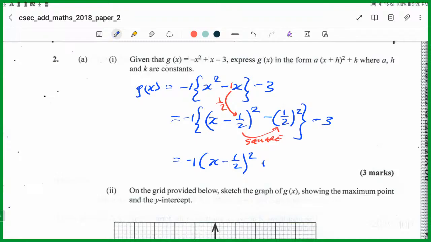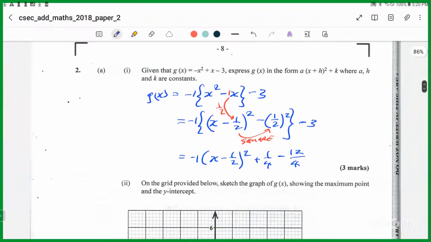So we get plus 1 over 4. And you're subtracting this 3. Now this 3 is the same as 12 over 4. Why am I putting over 4? Because this one is a fraction with 4 in the denominator. So I'm going to put that as 12 over 4, minus 12 over 4. Because 12 over 4 is still 3.